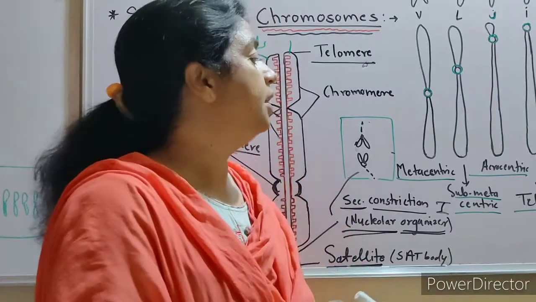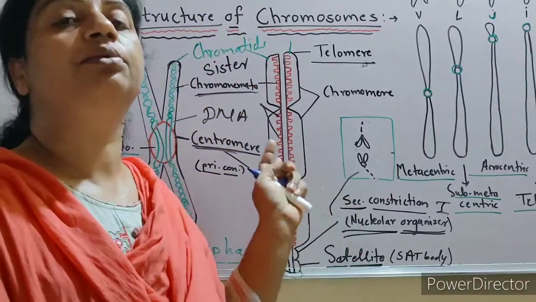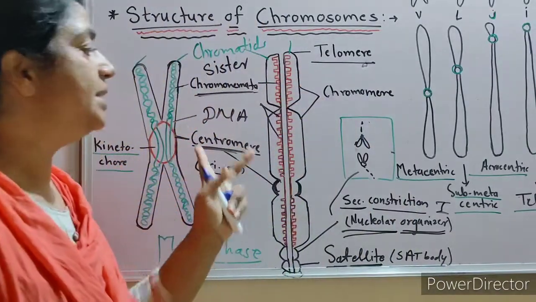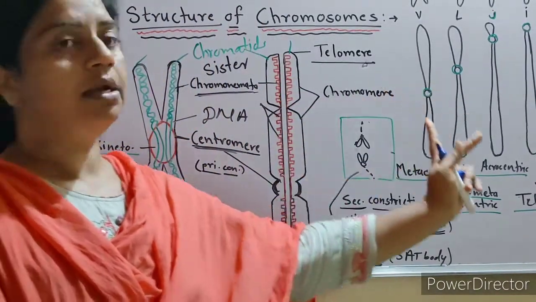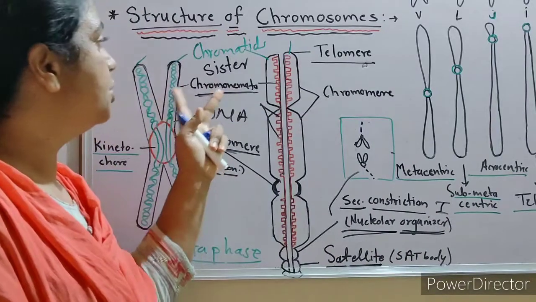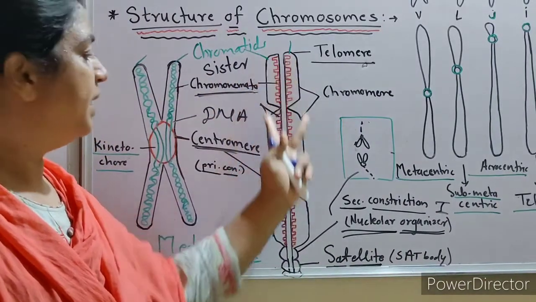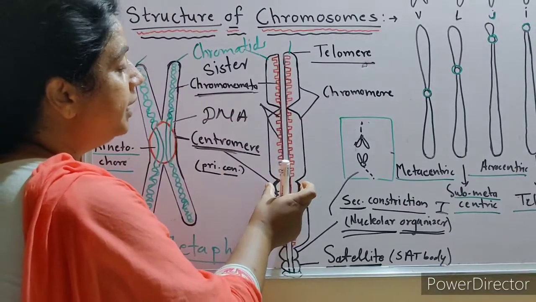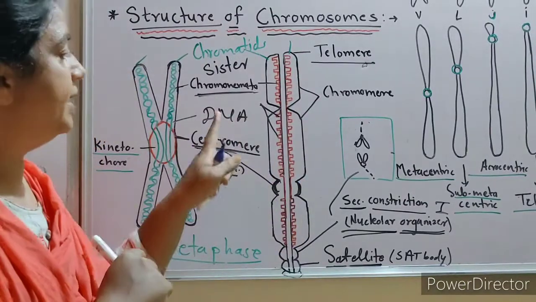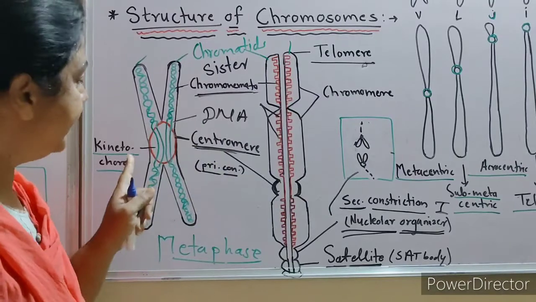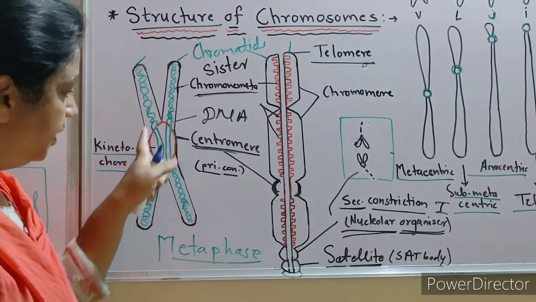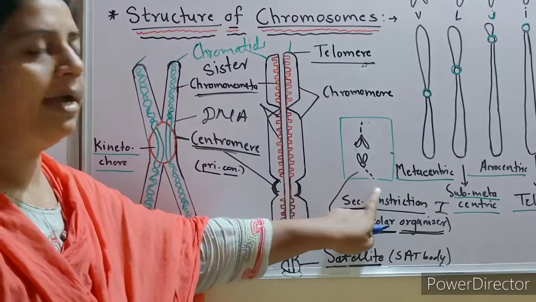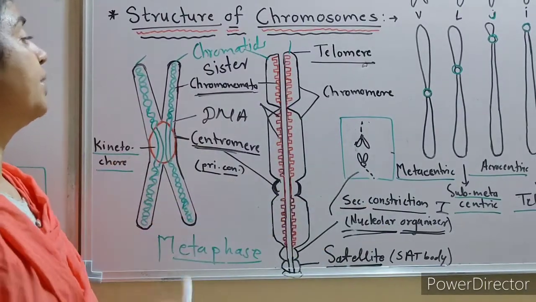These are the types of chromosome according to the position of the centromere. In structure, there are two identical sister chromatids attached at one point called the centromere. This centromere has a disc-like plate called the kinetochore, to which the spindle fibers get attached.